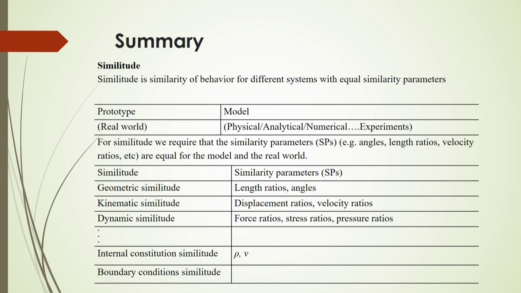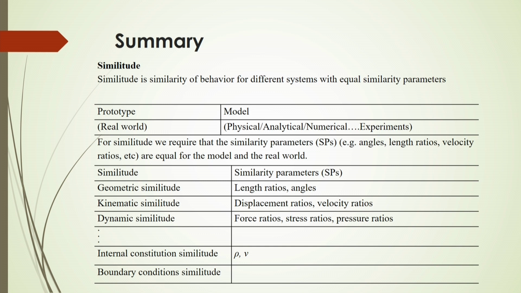Kinematic similitude should be displacement ratios, velocity ratios, even flow rate ratios, and also you will see other similarities like dynamic similitude. In that case, force ratios, stress ratios and pressure ratios are to be considered here.